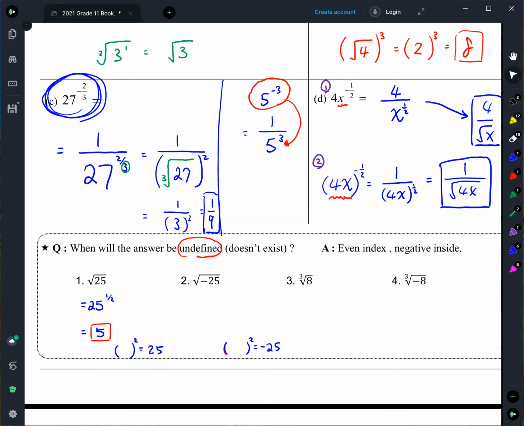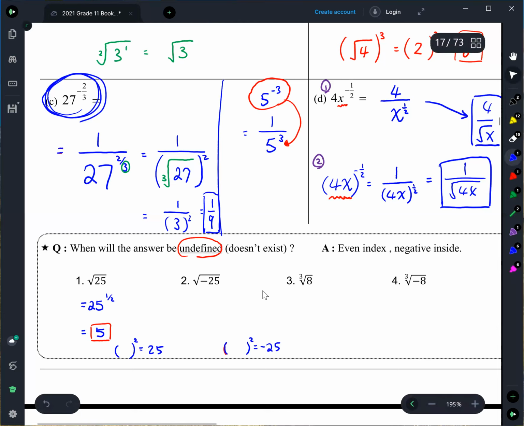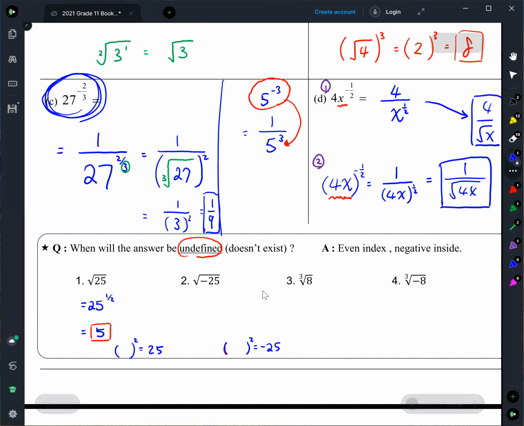Angeline? Sorry, can you repeat that? For the second question, right? You have a square root of negative 25, right? What do you think the answer is? Is there a number when you square to give you negative 25?